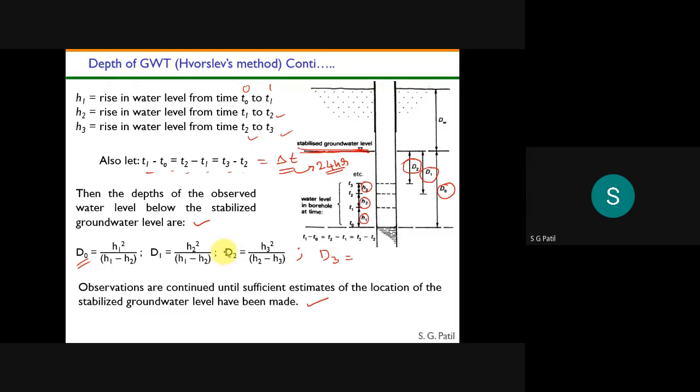Okay, so I will solve one problem, an actual problem. There it will be clearer for you how to calculate D0, D1, D2, D3, everything, at what depth I should stop, and how I will get the final depth of the water table.